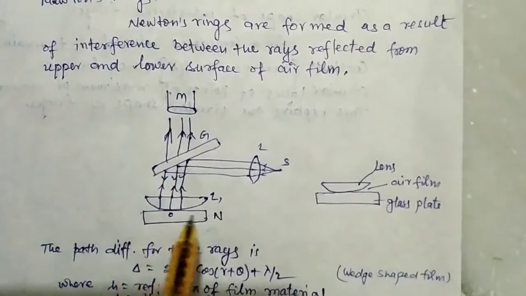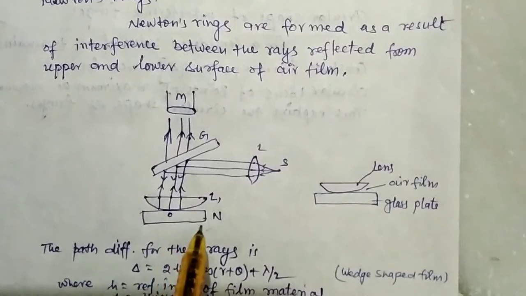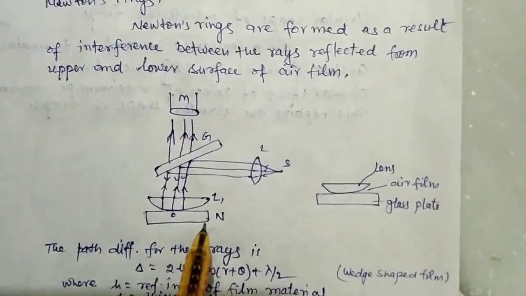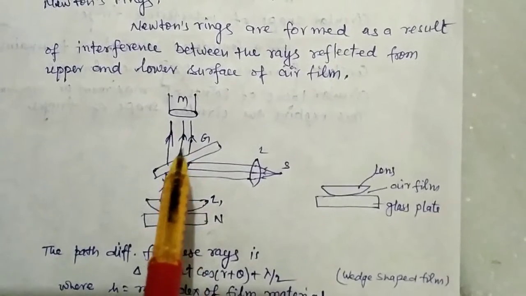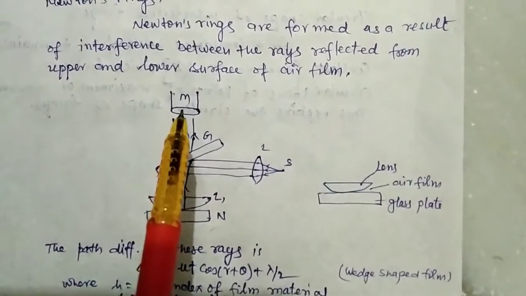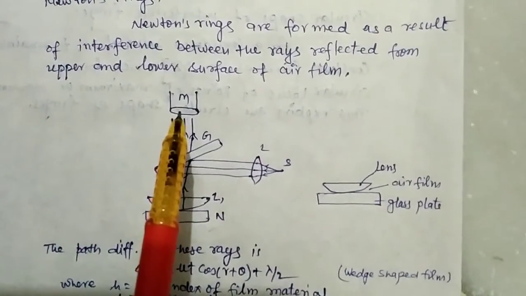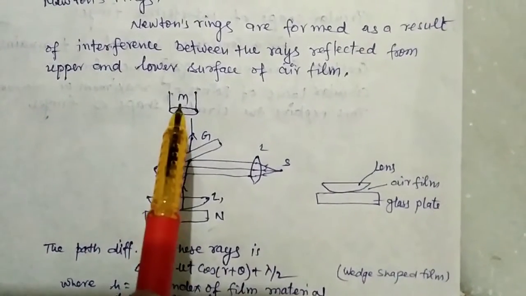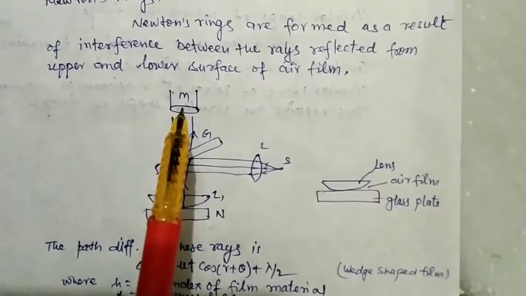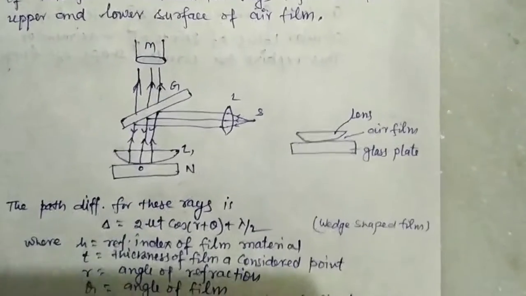This is the plano-convex lens L1. This is the plain glass plate, and after reflection the rays come to the microscope, which is a traveling microscope, and due to these coherent waves the interference occurs and Newton's rings are formed.